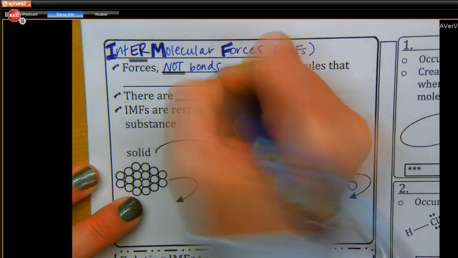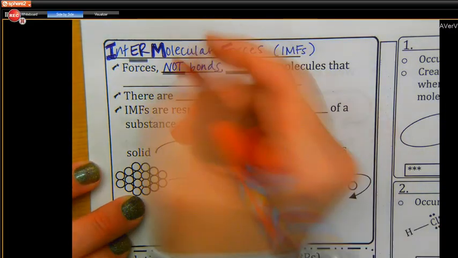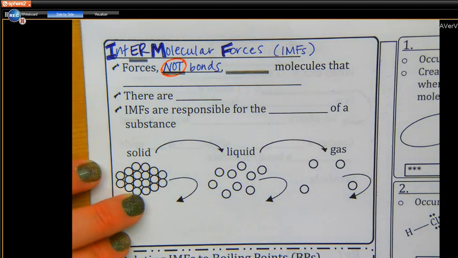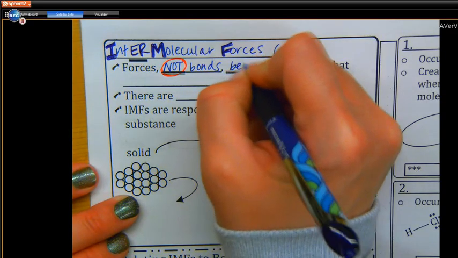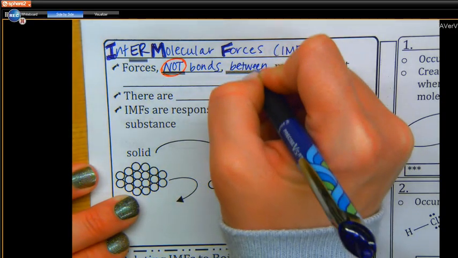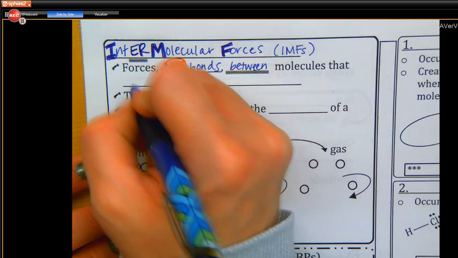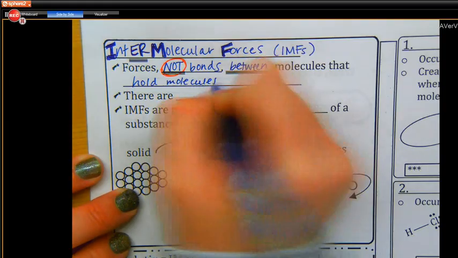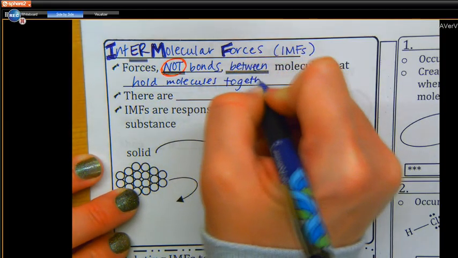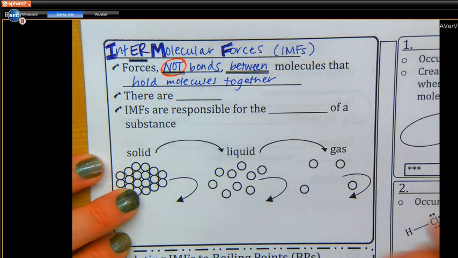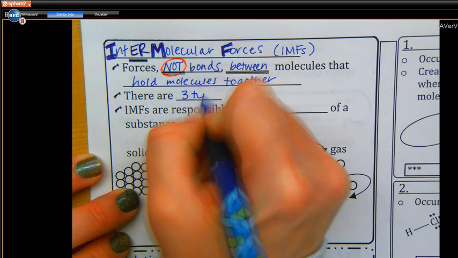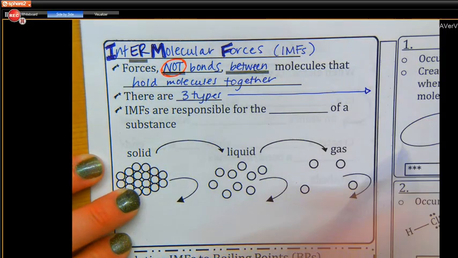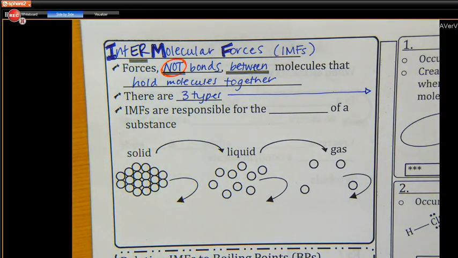So if you think about intermolecular forces as forces of attraction between molecules, if I have molecules that are very close together, that's because they have really strong intermolecular forces, or high intermolecular forces.